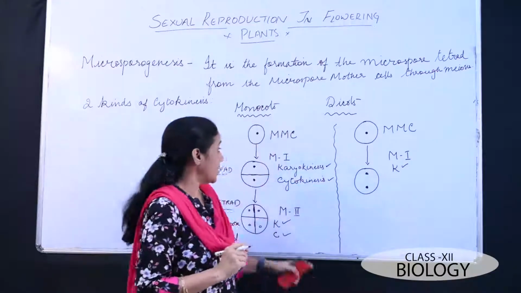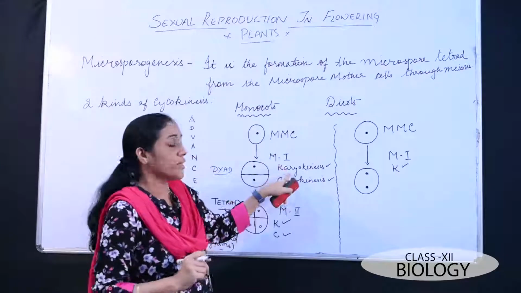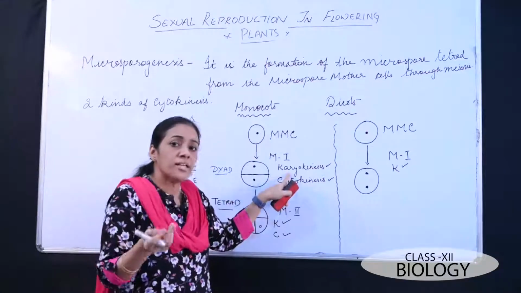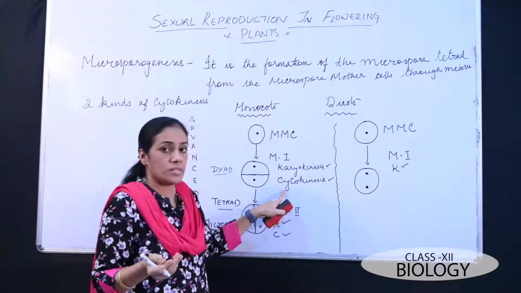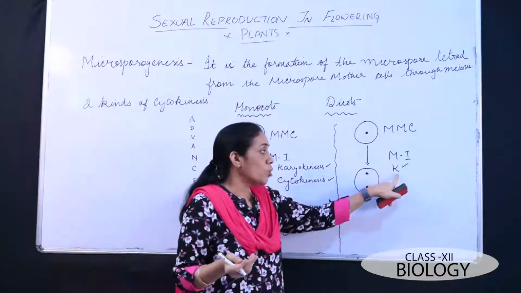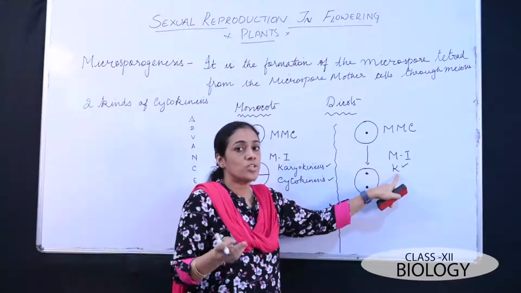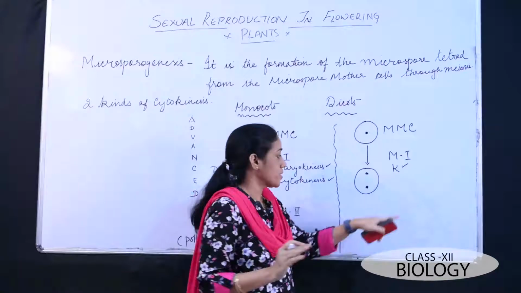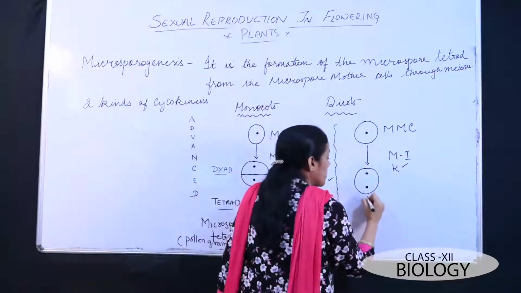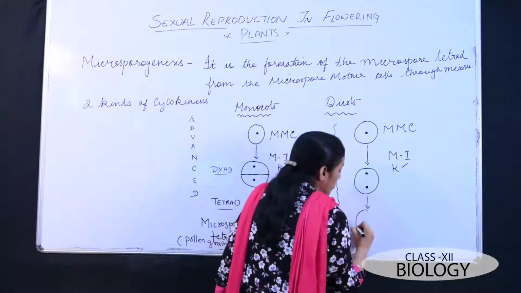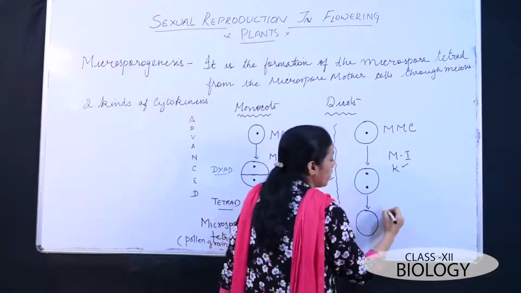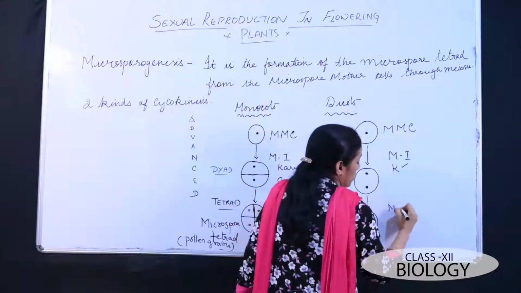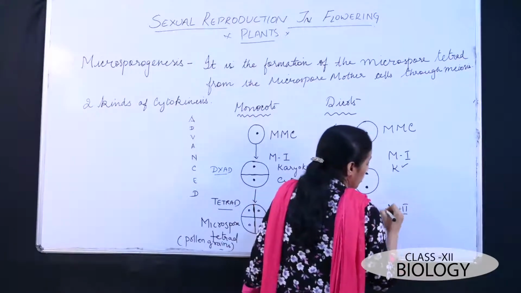But as in the case of the monocots, we saw that karyokinesis was immediately followed by cytokinesis. But here we will see only karyokinesis happening. It is not followed by cytokinesis. Now let's move on to the next step. Again meiosis 2 will follow. So this is meiosis 2 happening over here.